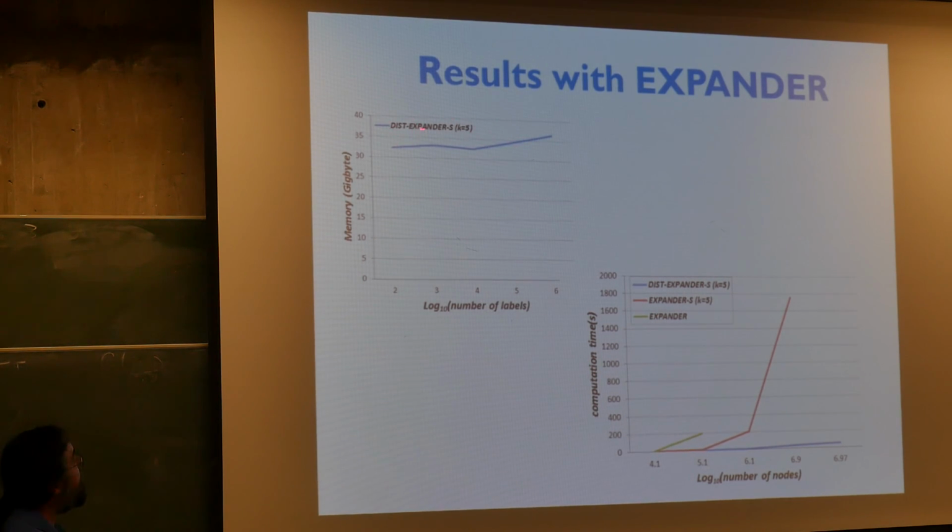So dist is the distributed version of Expander. And then this is runtime over the number of nodes in the graph. So it does get slow as you get a big enough graph, but when you parallelize, it can handle extremely big graphs pretty efficiently.